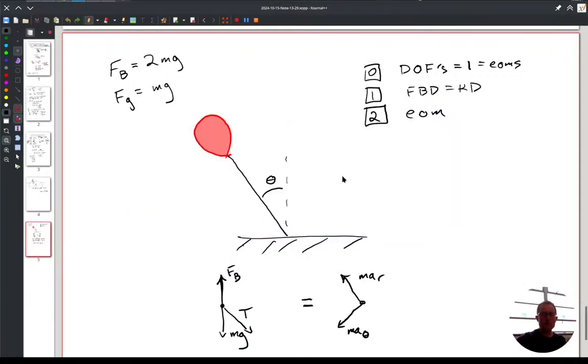I wanted to come back to these identifying equations of motion and this free body diagram, kind of our three-step, well, like two main steps: free body diagram, kinetic diagram, then equation of motion.